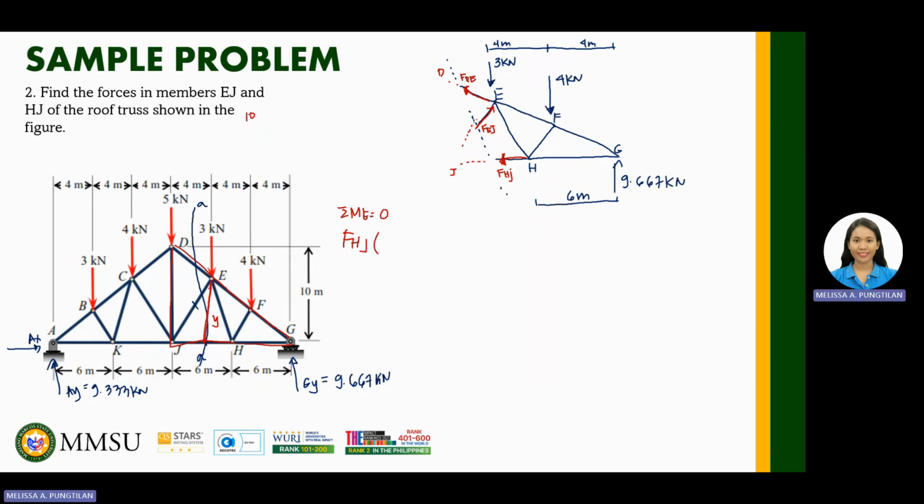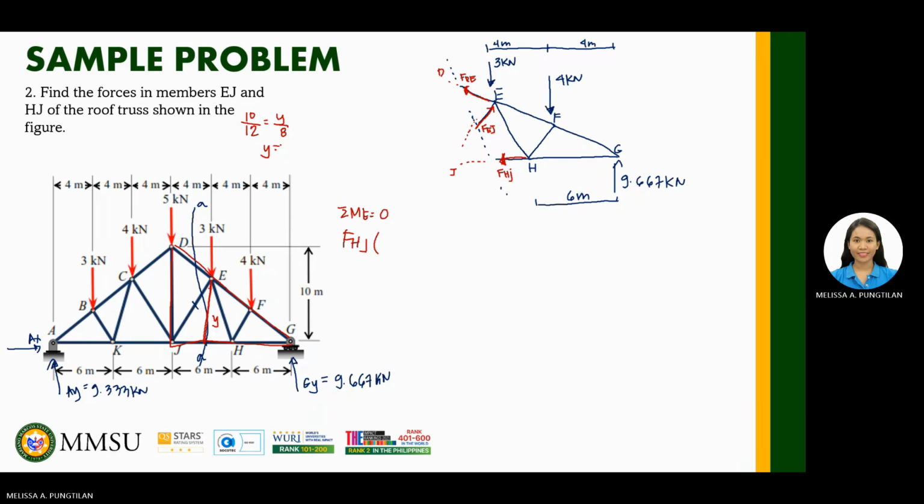Okay, so by ratio and proportion, yung larger triangle natin. So, we have 10 all over, ilan yan? 12 is equal to y all over, ano yan? 6 tapos, ito, 4 and 4. So, 8. Therefore, y is equal to 80 divided by 12. So, y is equal to 6.667.